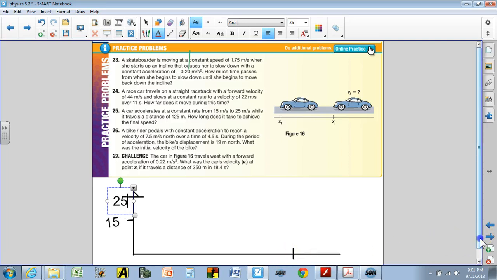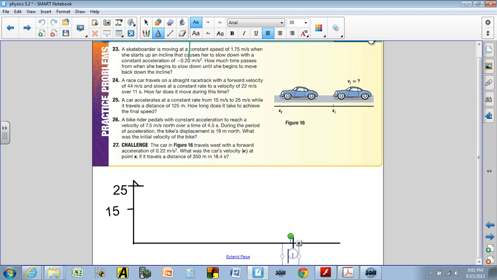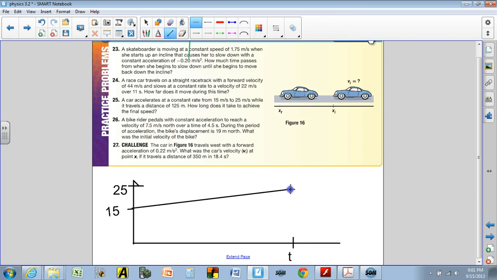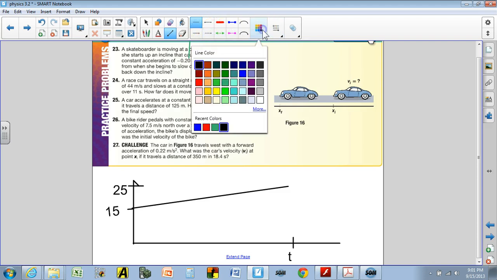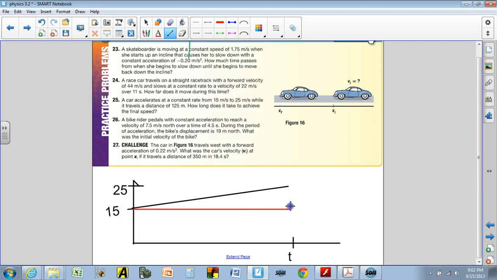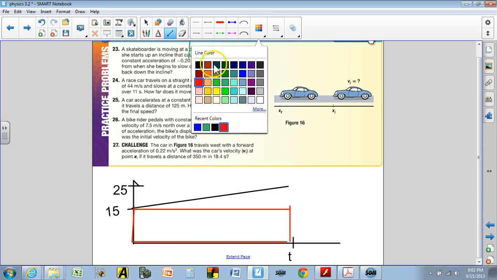And we're looking for time. And we know we're speeding up, so we're going to draw a line speeding up. Okay. So what do we have here? Well, we have a rectangle. And we have a triangle.